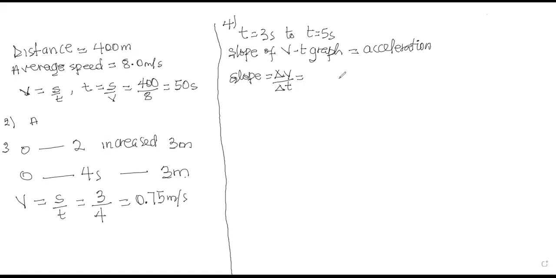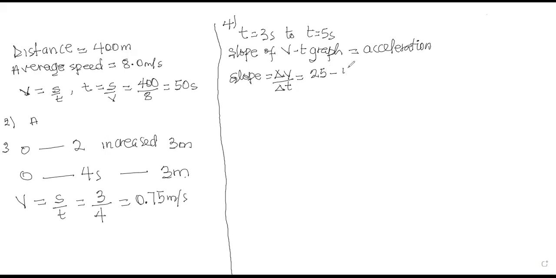Now, within the said time interval, the maximum speed is 25 minus the minimum speed which corresponds to the time 3 seconds, which is 10.